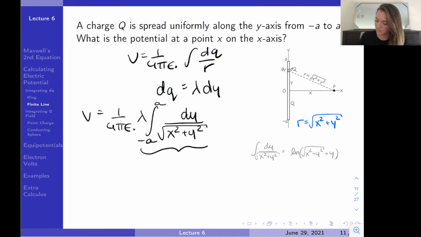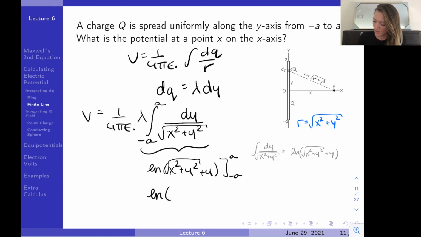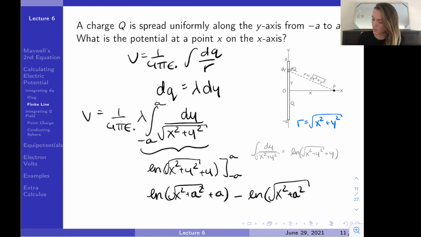This integral will just simplify to ln of the square root of x squared plus y squared plus y, and then we're evaluating it from negative a to a. So that comes out to ln of the square root of x squared plus a squared plus a, minus ln of the square root of x squared plus a squared minus a.